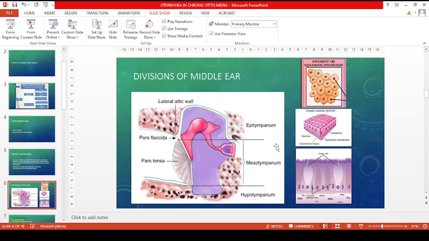On the other hand, in atticoantral disease, the site involved in the middle ear cleft is the posterior section, which is lined by flat pavement type of epithelium. This flat pavement type of epithelium lacks mucus secreting glands and goblet cells, and hence the discharge in case of squamosal type is scanty, unlike in mucosal type.